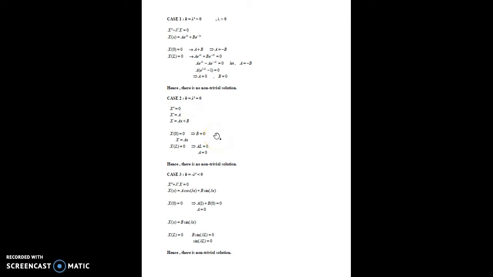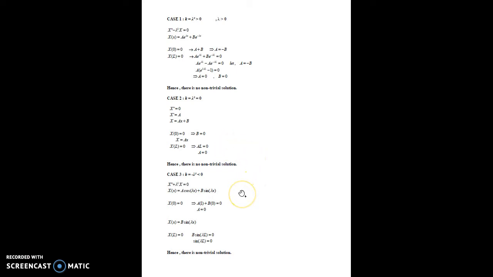And when we have X(0) equals 0 and when we solve this equation we will get b equals 0 and our X equation is ax. For X, when we let X(L) equal 0 we will get aL equals 0 and a equals 0. Hence, there is no non-trivial solution for case 2.